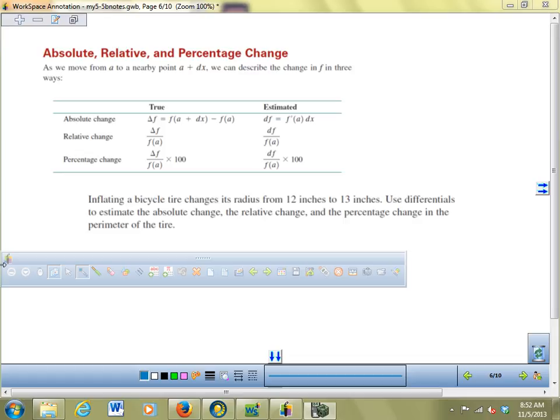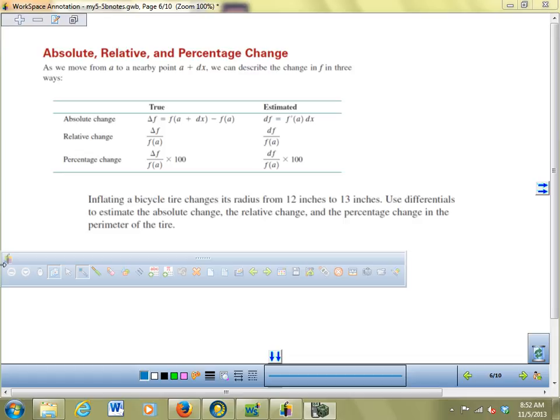So if it's changing by 0.42 and the value of the function at that point is 38, then that is 0.42 divided by 38, which is like 0.05 or something, so it would be like 5%. Do you want me to do this one to estimate the absolute change, relative change, or percentage change? You can do that.